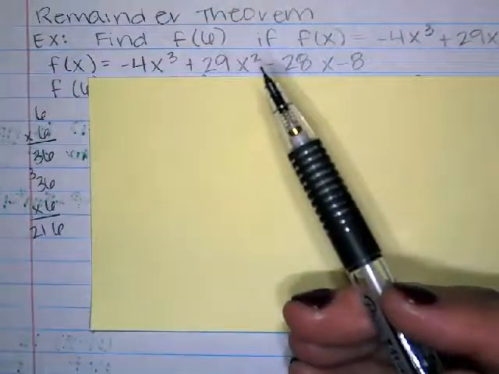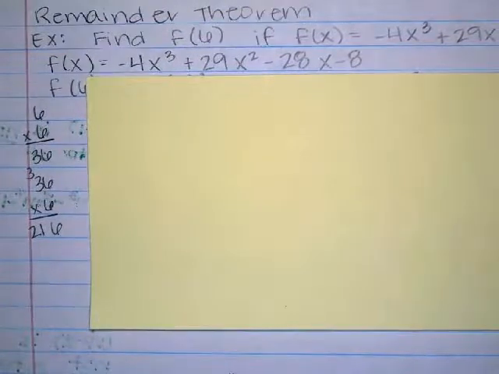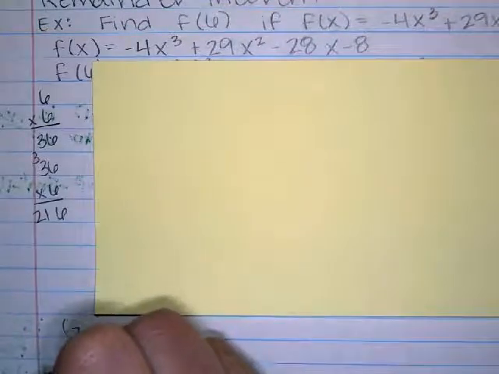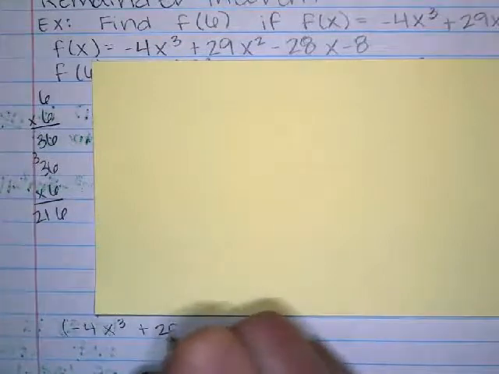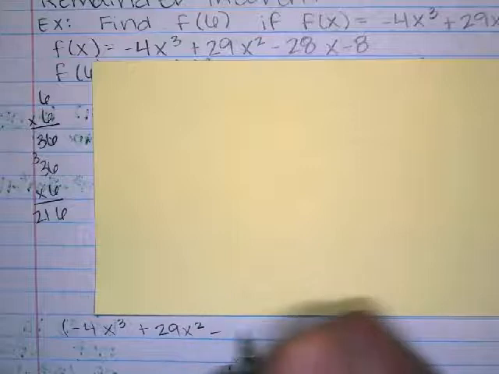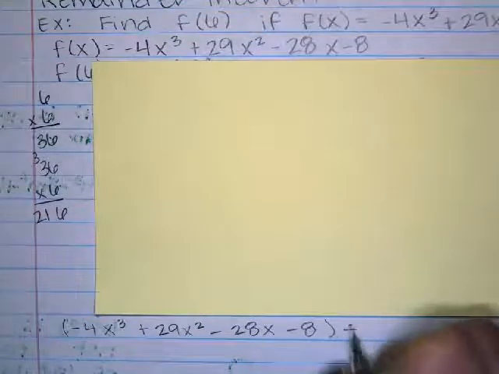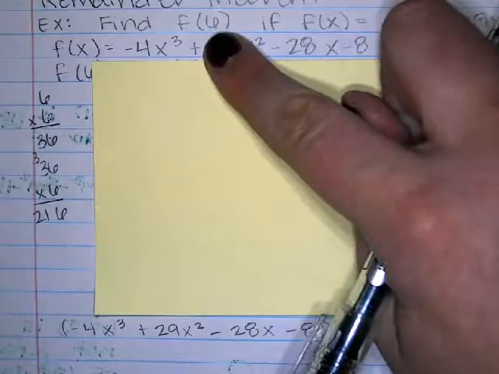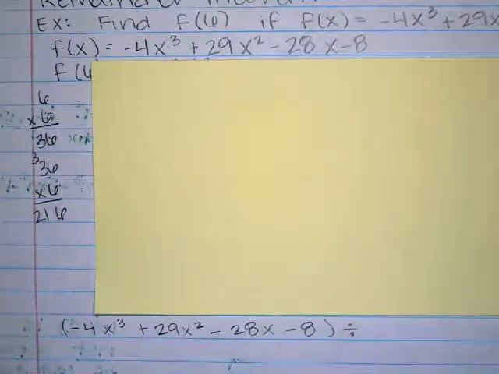So what we're going to do is take negative 4x to the third plus 29x to the second minus 28x minus 8, and divide it by the factor, which would have been used if you were plugging in a 6. So what is the factor? X minus 6 is the factor.